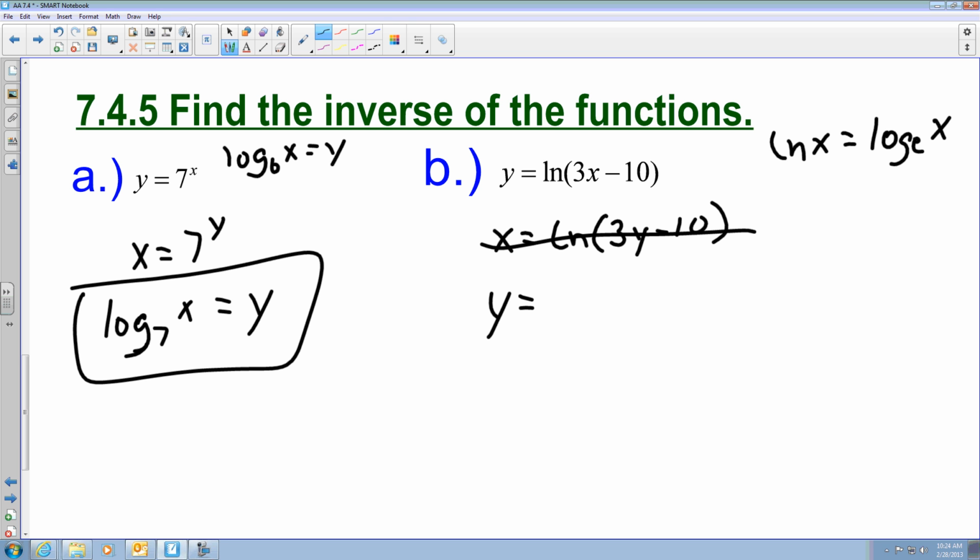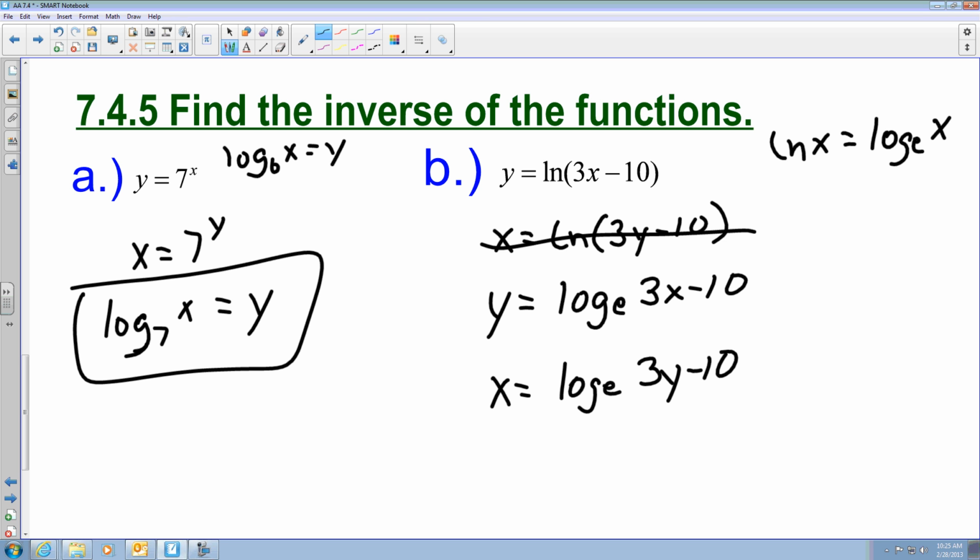Let's do the log base e of 3x minus 10 first. So then when I flip this, it becomes x equals log base e of 3y minus 10.